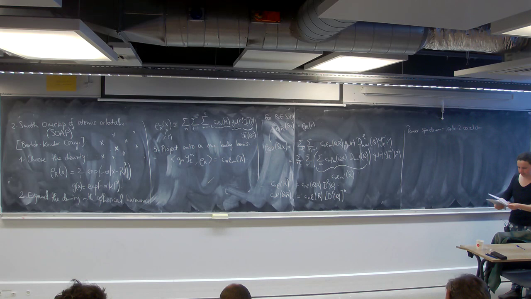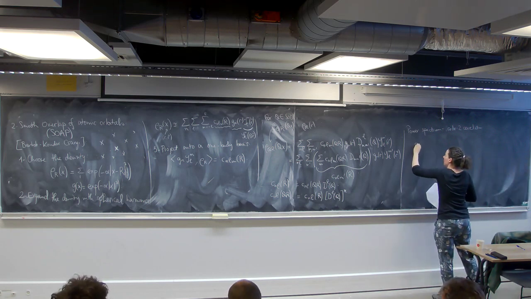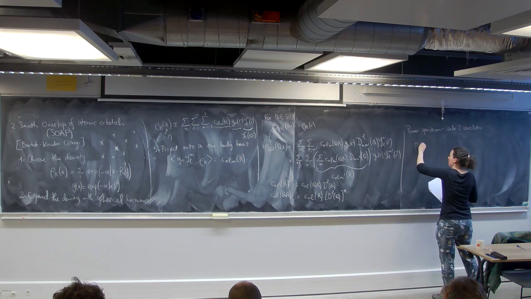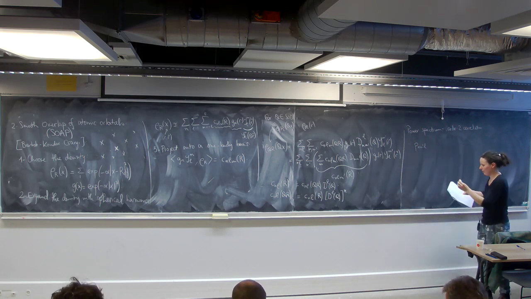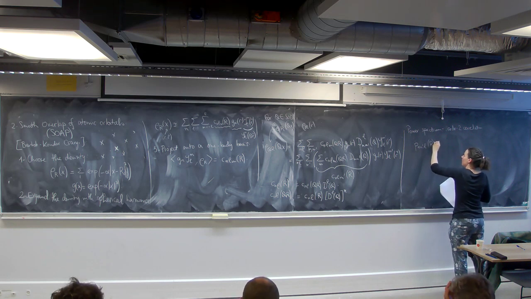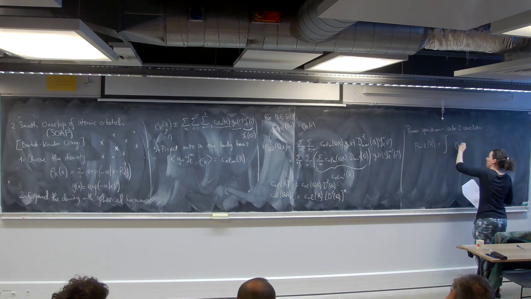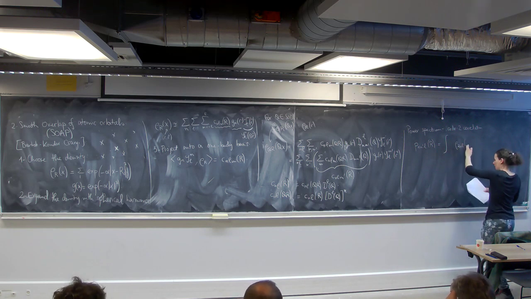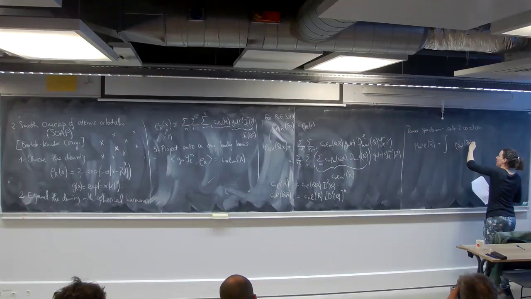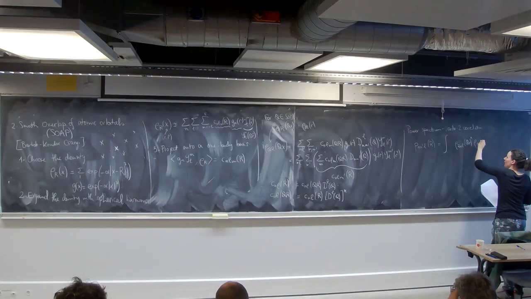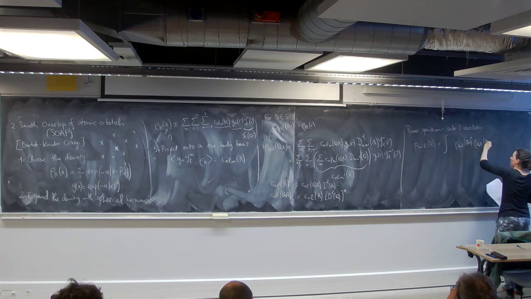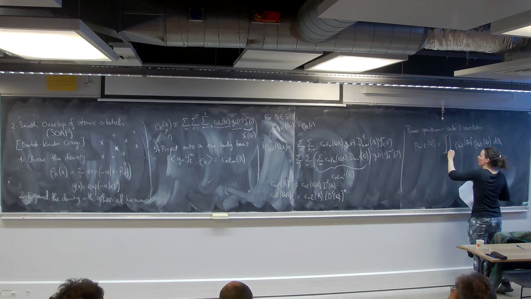A way to define it is to say that you take the integral of rho_nl(QR) star, and then you multiply by rho_n'l(QR), and you integrate over R and over rotations.